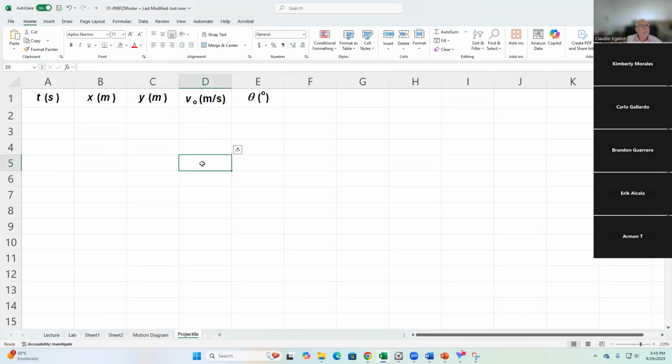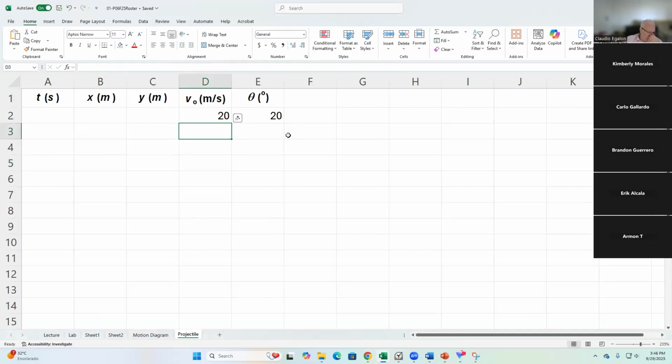Like that. Let's put an angle, let's say 20 degrees here. Okay, and I'm going to put, let's say 20 meters per second.